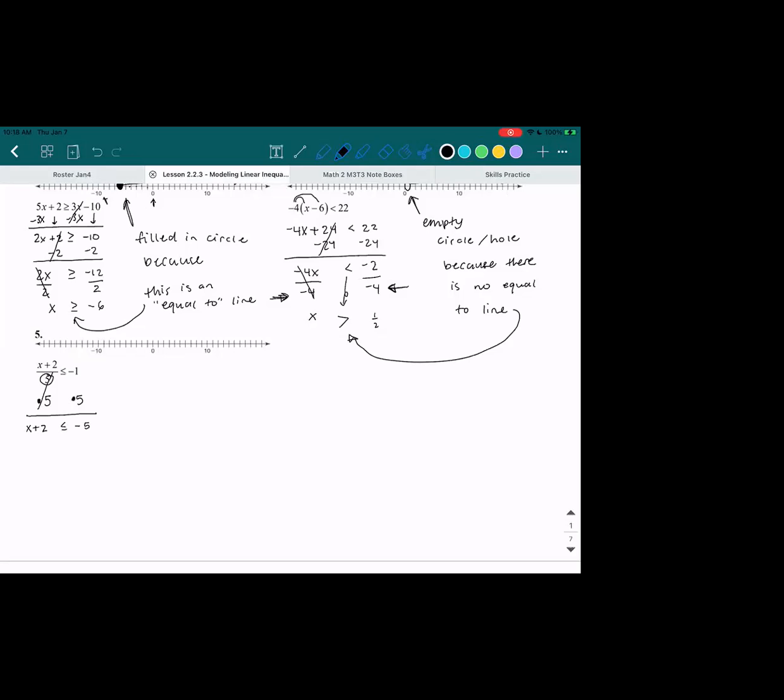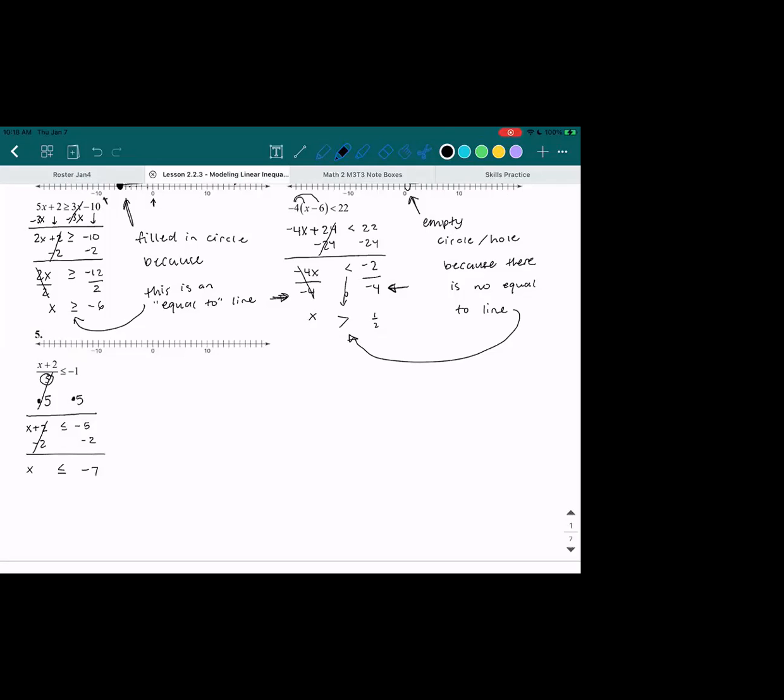The opposite of adding is subtracting, so we're going to subtract 2. Plus 2 and minus 2 cancel out. We are left with x is less than or equal to -7, since -5 minus 2 is -7. So here's our final answer.